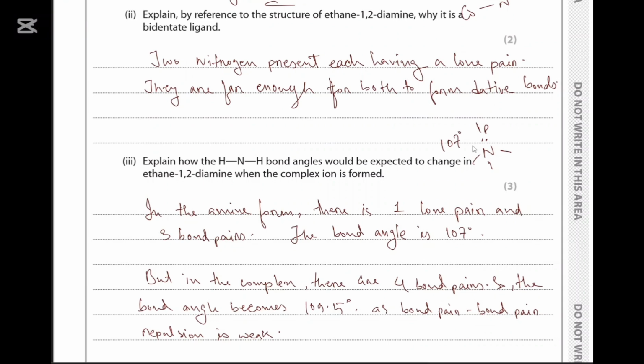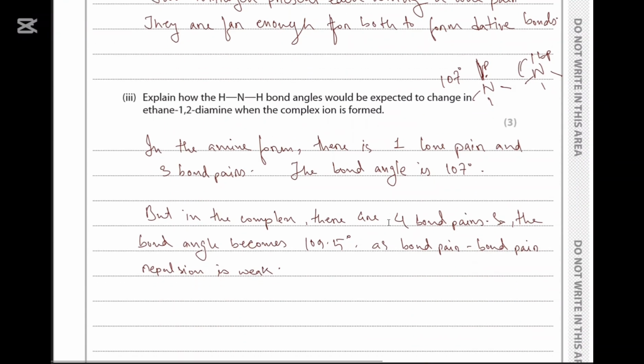But after forming the complex ion, this becomes a bond. Therefore, N now has four bond pairs, and since the repulsion between bond pairs is the weakest, the angle increases to 109.5 degrees, much like CH4, methane. It becomes tetrahedral in shape, and the rest you know.